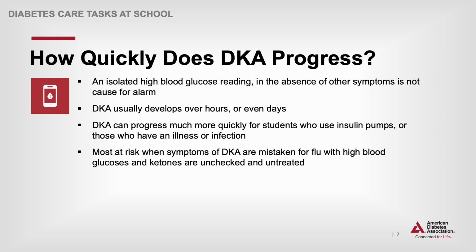However, DKA can progress much more quickly for students who use insulin pumps or those who have an illness or infection. Individuals with diabetes are most at risk when symptoms of DKA are mistaken for flu and high blood glucose is unchecked and untreated.